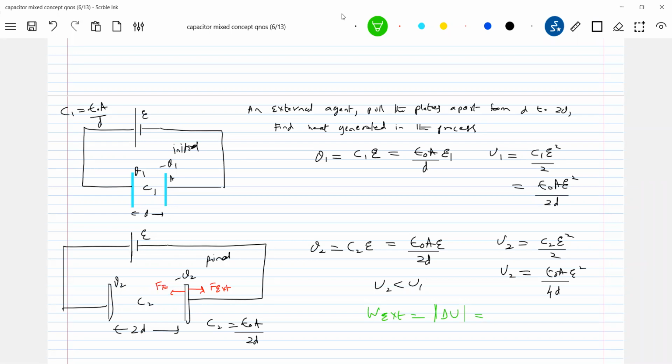There's a golden help for you straight away. You can see it in previous problems also. Whenever an external agent comes, you can apply this, provided there are no other forces acting other than the external force and electrostatic force. I'm making that condition clear. So this should be equal to epsilon naught A E square by 4d only.